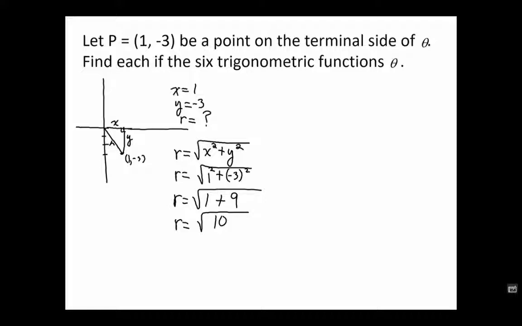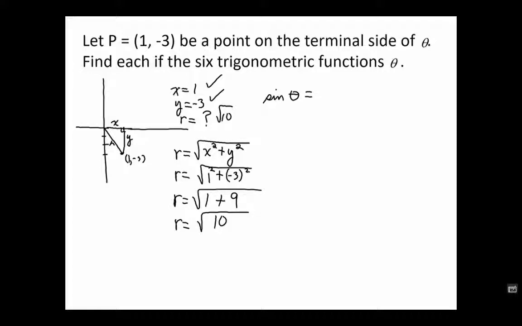Now that we know x, y, and r, we can define the 6 trigonometric functions. All right, so let's find them. Using the definitions that we stated earlier, let's get the sine of theta.